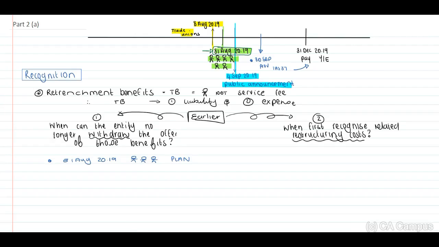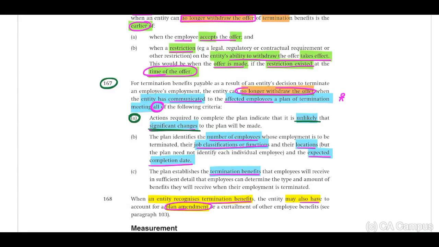Therefore, at this point in time, it is unlikely that there will be any changes to this plan. Remember, you need to write this out, guys. Okay. Then B, they have already included in the plan the number of employees, the job classifications and functions, the locations, and the expected completion date.